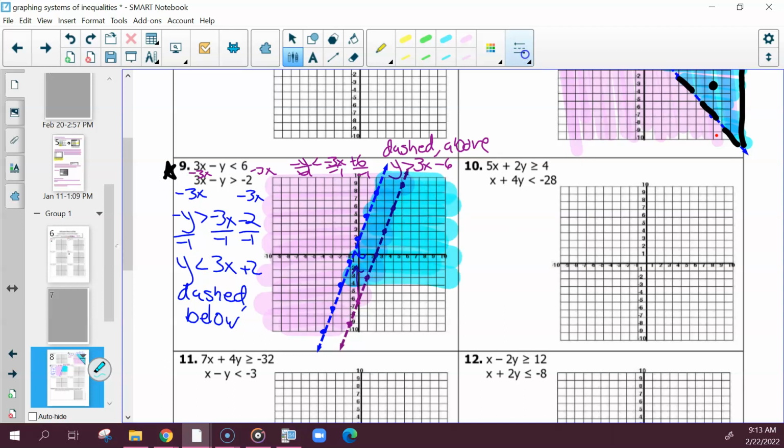These are parallel lines, but in this case that doesn't really matter because we still have a shaded area where they overlap. 2, 3 would be a solution point.